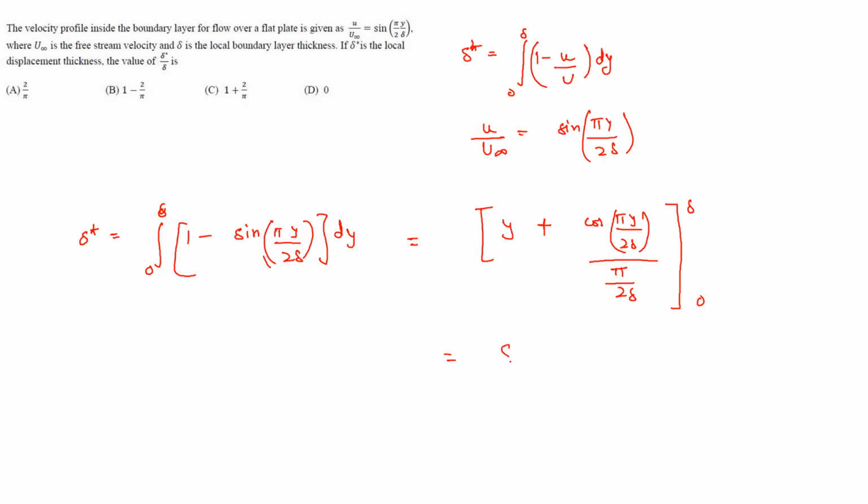So if you put the upper limit in, this will be delta plus cos of pi delta over 2 delta, over pi by 2 delta, minus 0, and then there will be one more minus where it says cos 0 over pi by 2 delta.